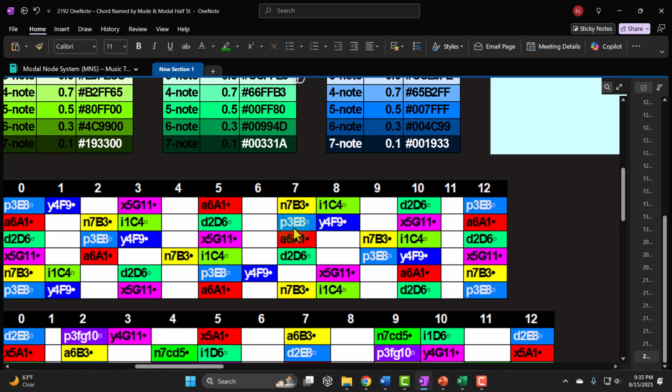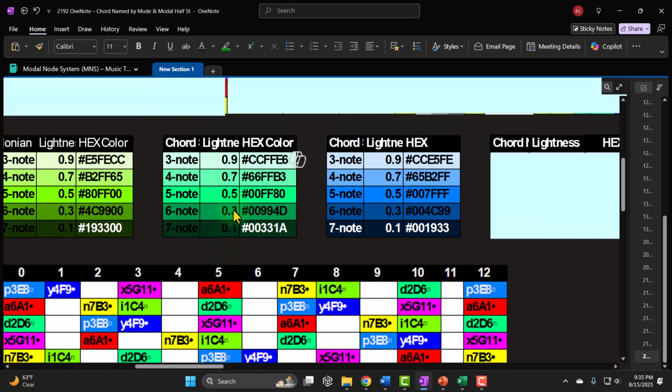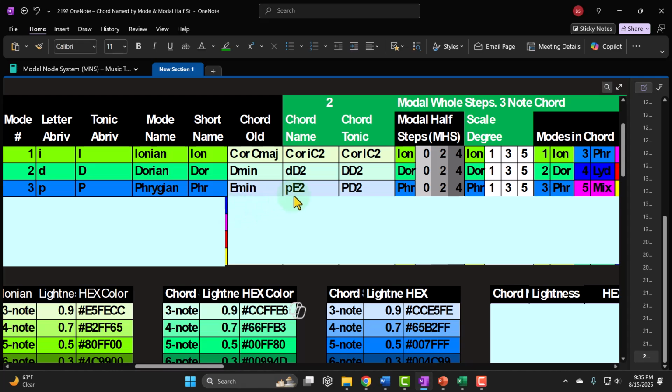So the best way to describe it would be to say you're going to build a Phrygian chord, which I already know is a minor chord, but therefore it doesn't get confused with the Dorian minor chord or the Aeolian minor chord if I say it's a Phrygian chord, right? So I already know it's a minor chord because the Phrygian is the 3 from a natural number system, which builds a minor chord. It has a minor third, in other words, within it.